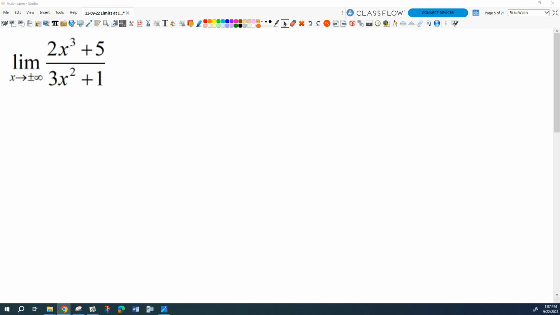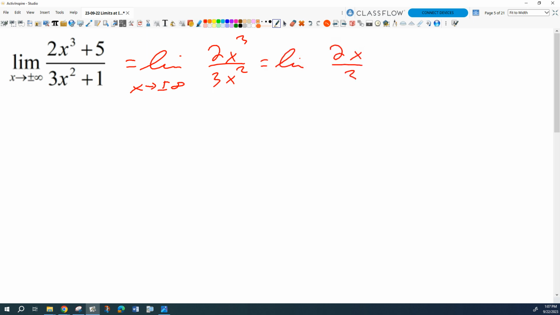Because I'm approaching the infinities, that's equal to the limit of what? Two x cubed over 3x squared. If I simplify that by canceling factors, I get the limit of 2x over 3, right?